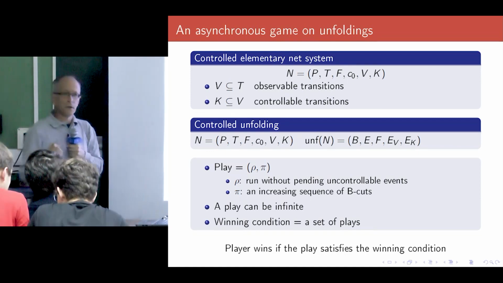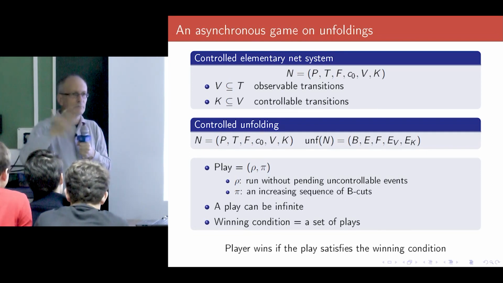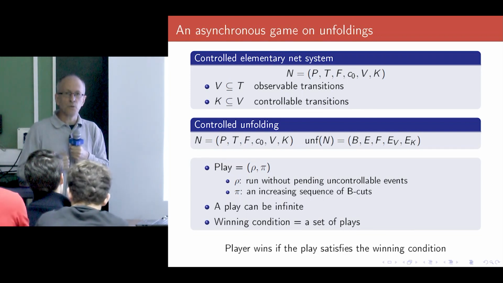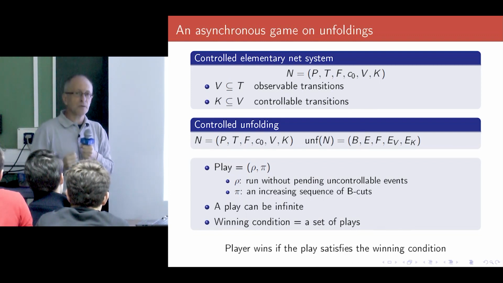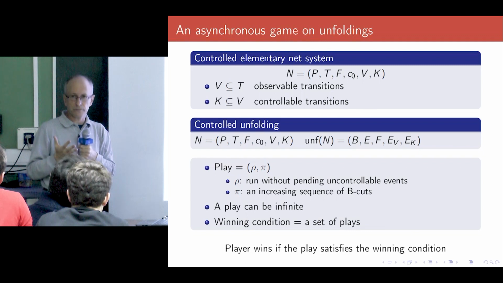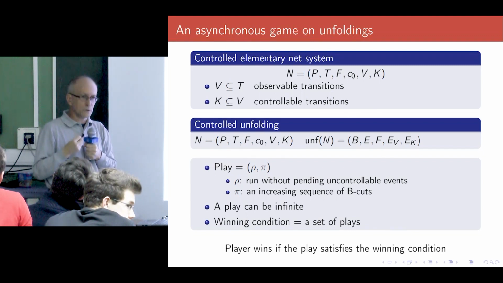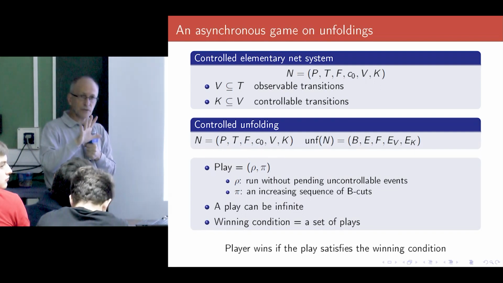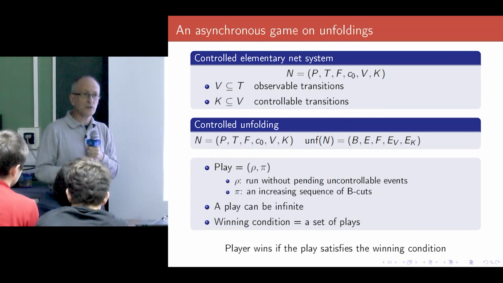Of course, so far we have thought about a player which chooses randomly what to do. Usually, a player, a good player at least, will follow a strategy in achieving its goal. And we would like to be able to decide whether for a given situation, a given elementary net system and its unfolding, the player has a winning strategy or not.